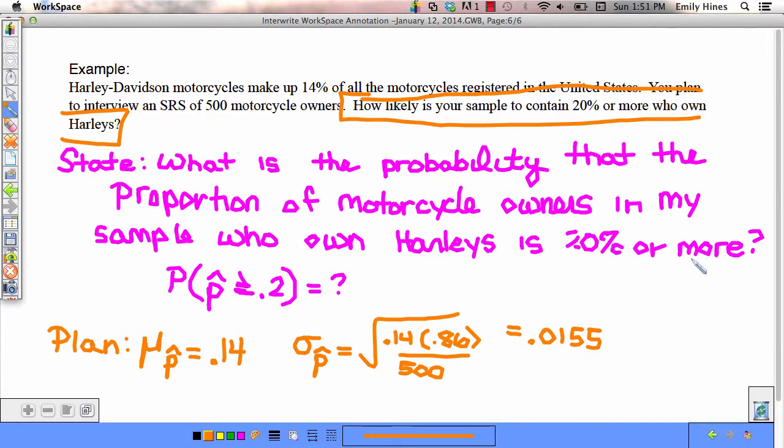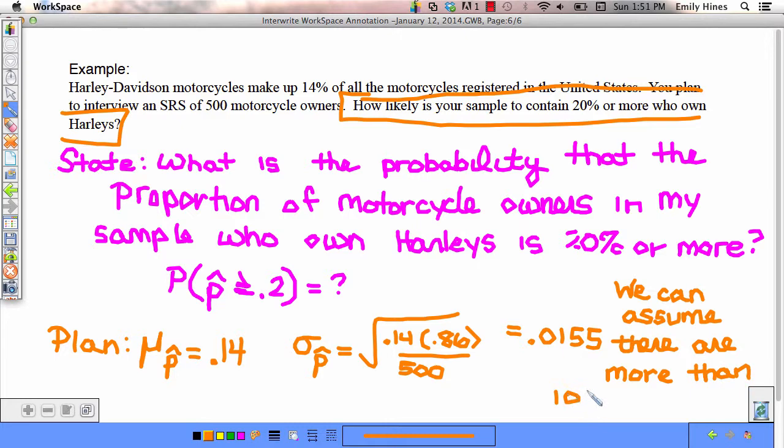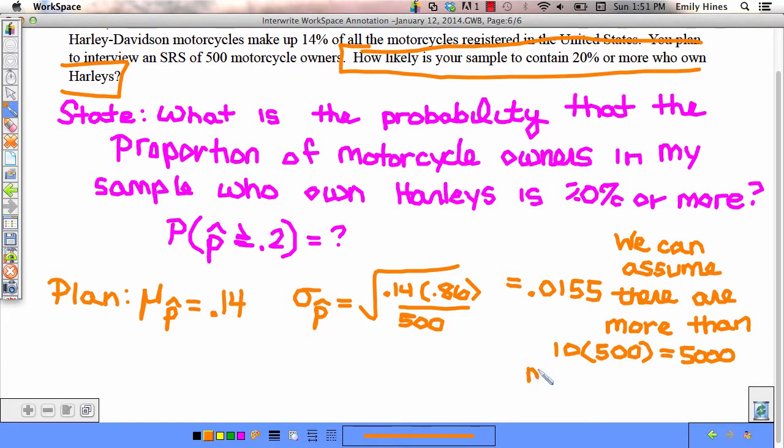And I need to make sure that I mention we can assume there are more than 10 times 500, which is 5,000, motorcycle riders in the U.S. Okay, it's important that I say that, remember, so that I can use my standard deviation.